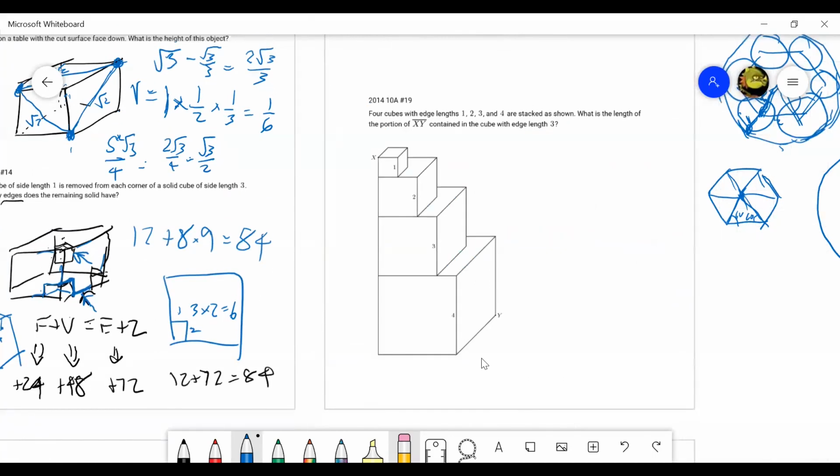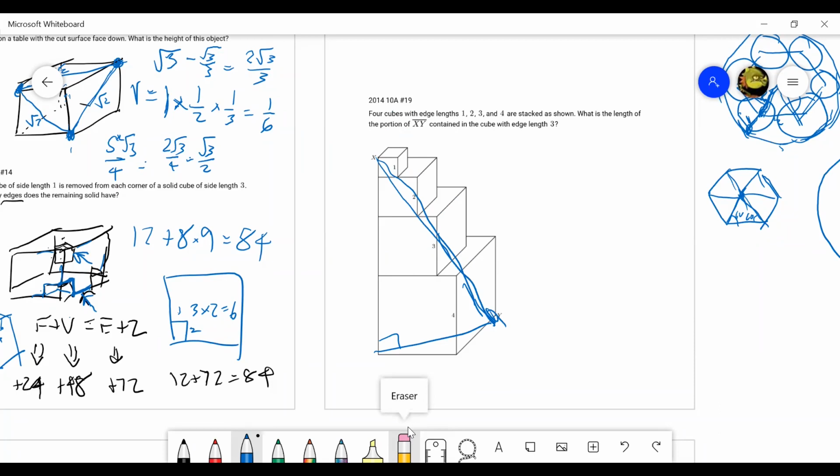And this one is really just one big cross-section problem. It asks you to find the length of the portion of XY contained in the cube with edge length 3. It's pretty clear that XY is going to be this diagonal from X to Y, and it's going to pass completely through every single cube.